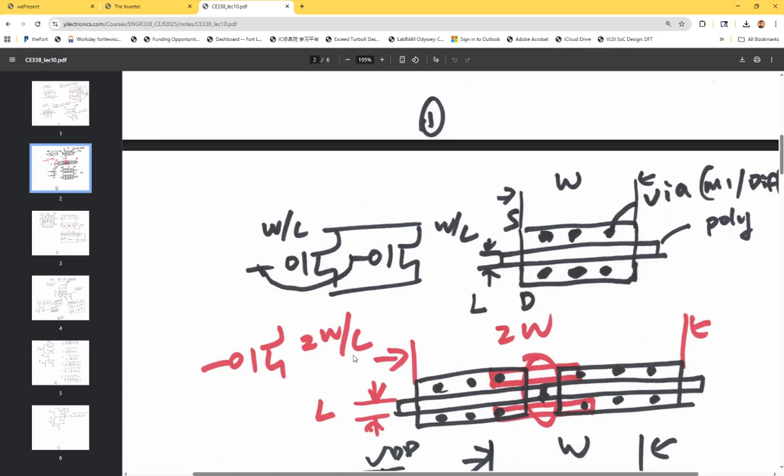And you can have 2 or 3, 4, 5, it doesn't matter. If you make a lot of them in parallel and short the gates, then you can consider these parallel transistors as one wider transistor. It's going to be equivalent to one wider transistor.